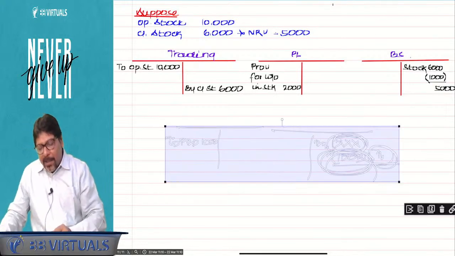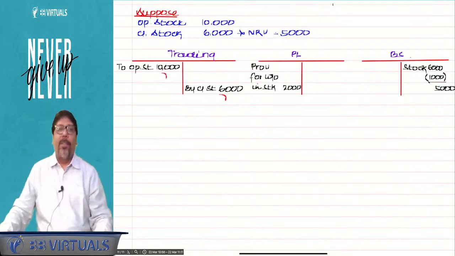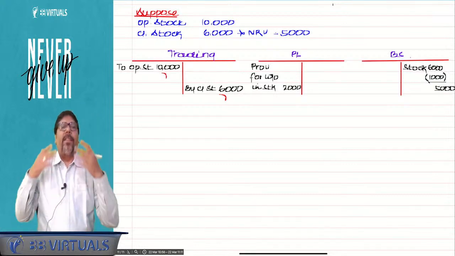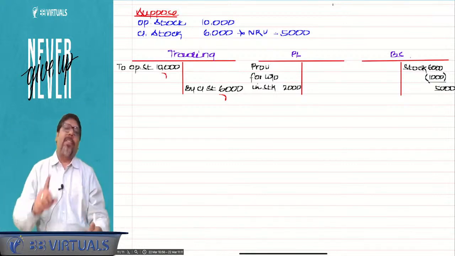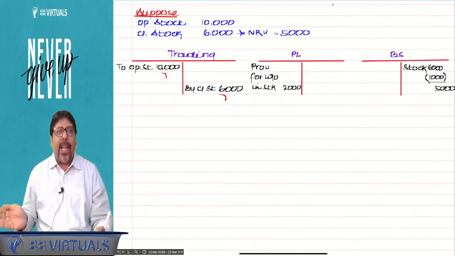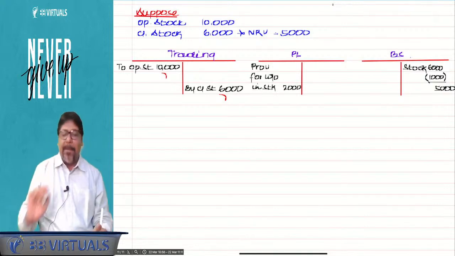That means in the trading account, whether it is opening stock or closing stock, tell me chartered, at what value will you write? Sir, whether it is opening stock or closing stock, I will write both at cost. Exactly. And if NRV is lower, I will create a provision on the P&L debit side. Amazing.